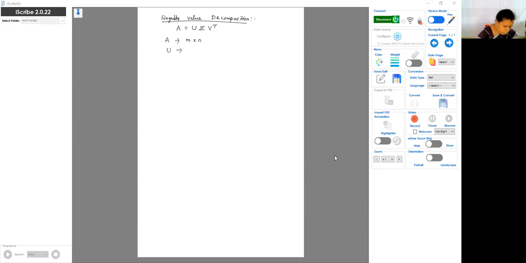Okay. And U is an M cross M, so this is a square matrix.